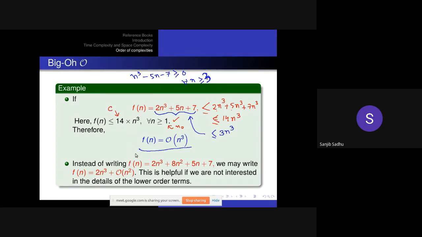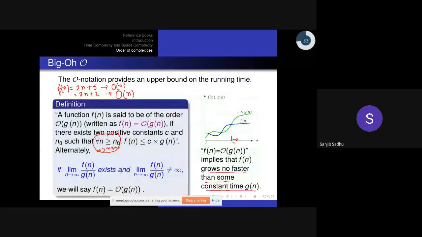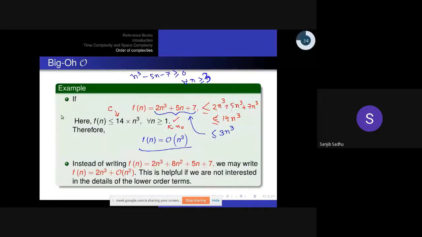Similarly here, see what is fn. For the limiting definition, fn by gn exists and fn by gn is not equal to infinity. So you check the limit as n tends to infinity of fn by gn. Gn is n cube. If you divide it, what will you get?